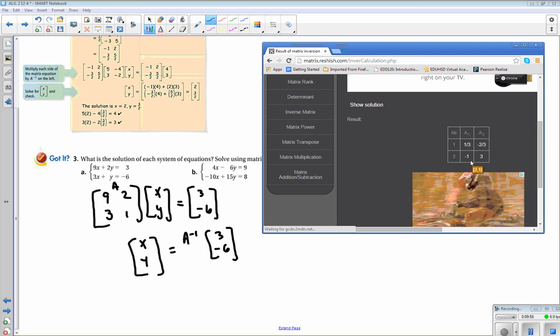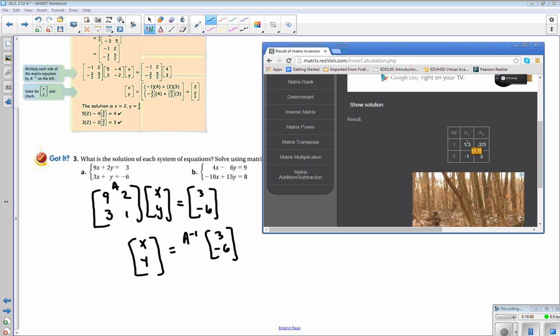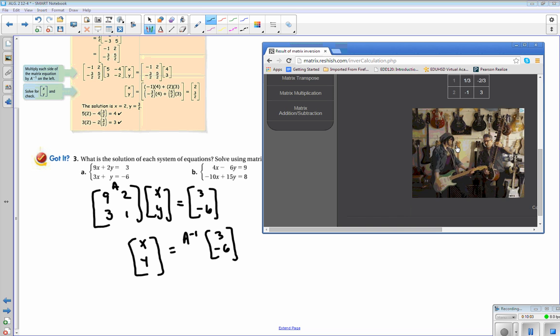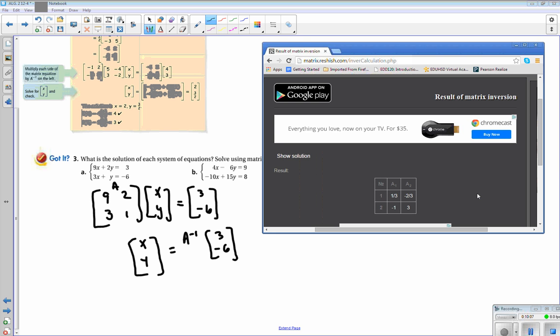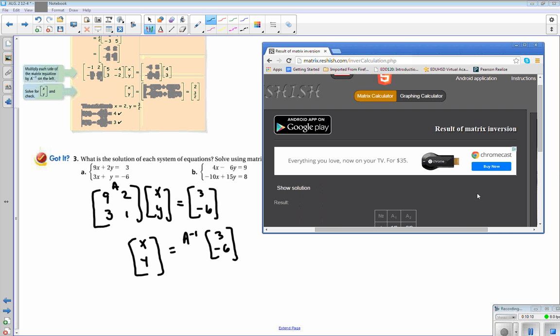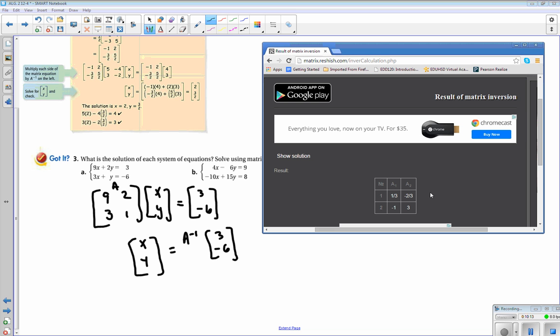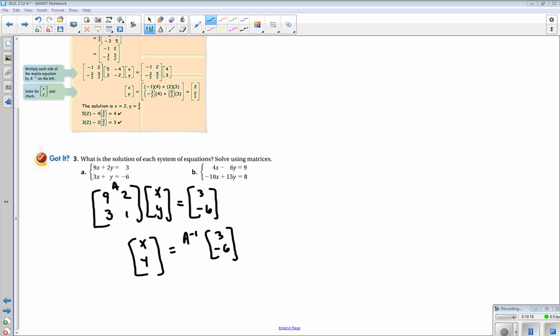So here is my result, and I want to multiply that by 3, negative 6. Write this down: negative 1/3, negative 2/3, negative 1 and 3, times 3, negative 6.